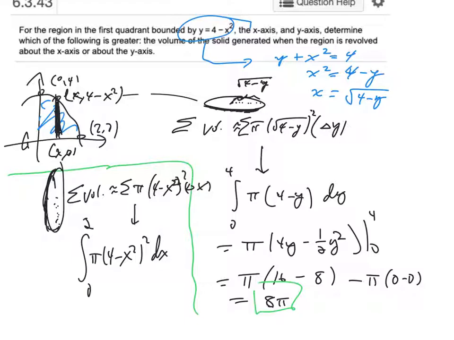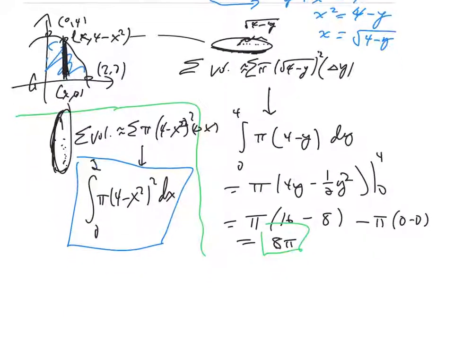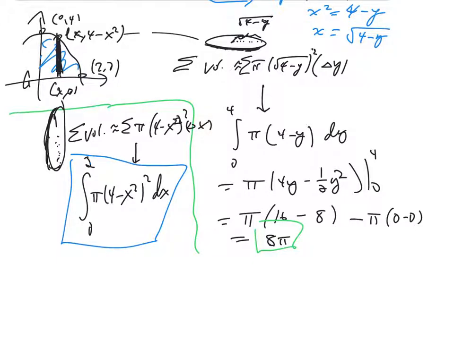So I won't do that one the rest of the way out. It's also not terribly hard. I would recommend that if you do that one, you don't try to integrate using substitution or anything fancy. Just multiply out 4 minus x squared.